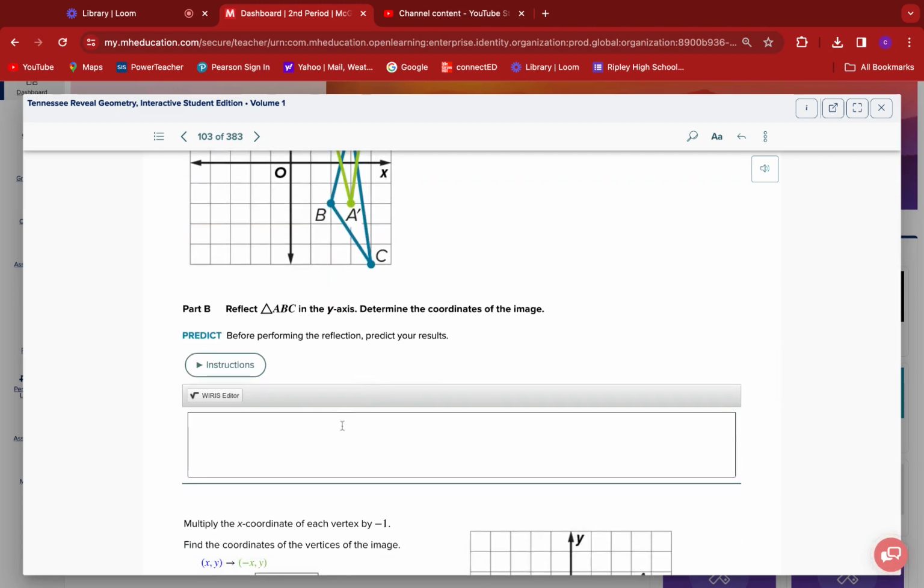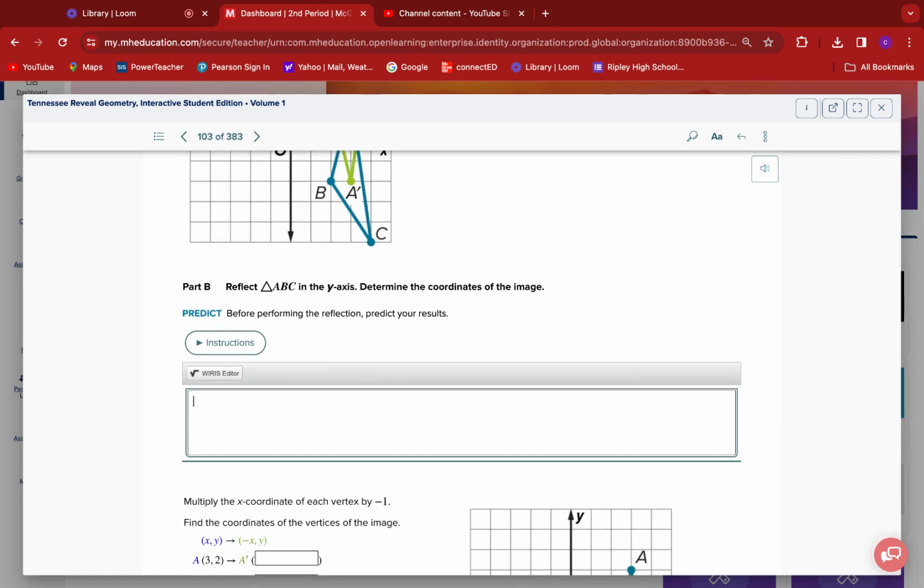Okay, so part B, reflect in the y-axis, determine the coordinates. Okay, so predict it'll be the same distance left and right as the original figure.